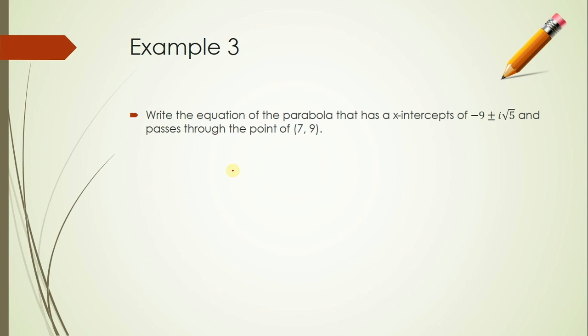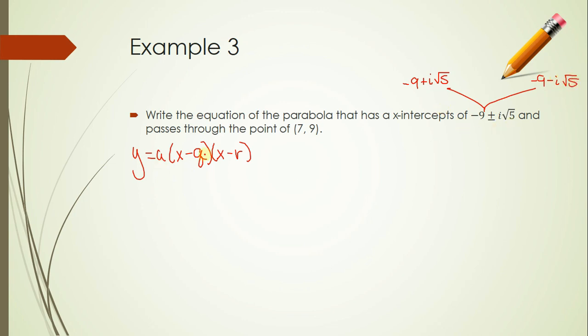We're still going to use intercept form, because we're given their x-intercepts. Now you're probably saying, how am I going to plug that in? Well, technically these are 2 x-intercepts, right? We got -9 plus i square root of 5 and -9 minus i square root of 5.